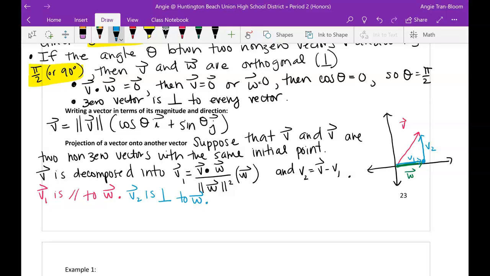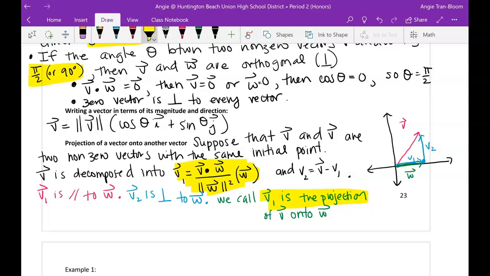We call vector v1 the projection of vector v onto vector w. So v1 is really important. In the book, oftentimes it will use two different variables. It can say, find the projection of f onto h. But the mathematics behind it is still the same.